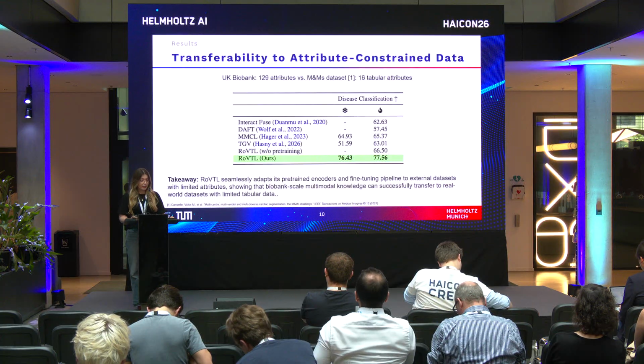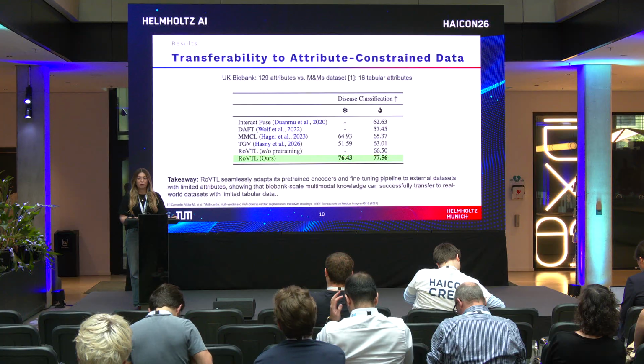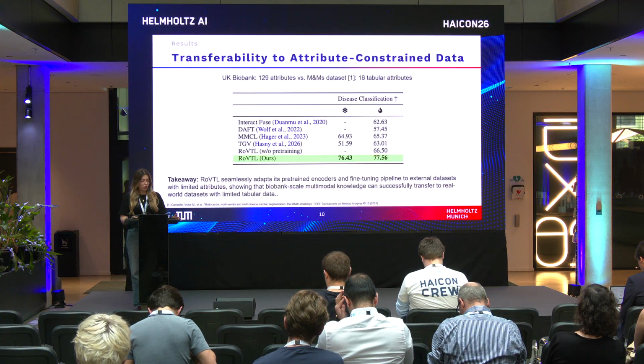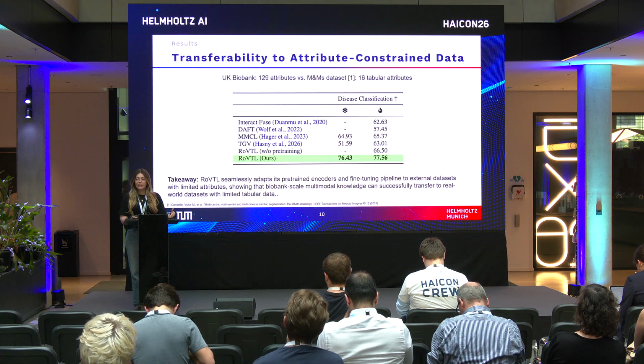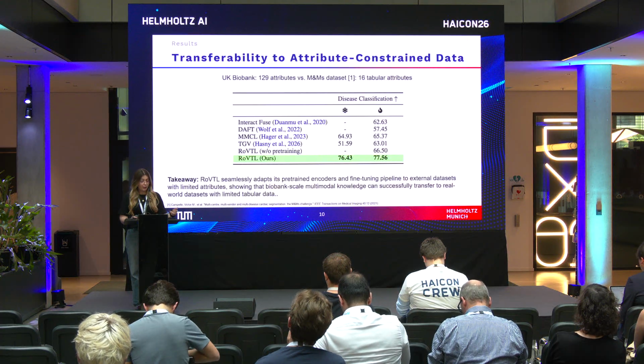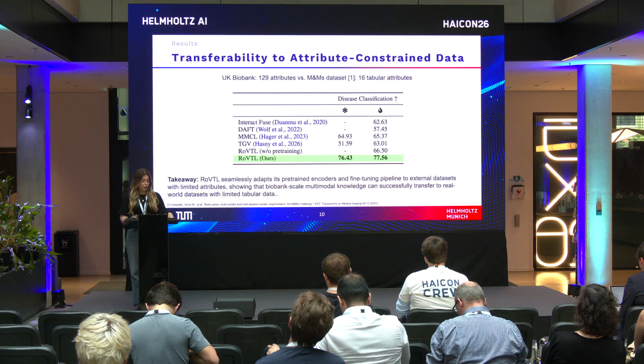And then lastly, one of the reasons for this method is that you can have these encoders pre-trained on UK Biobank with a lot of attributes and then apply them in the clinics where you don't have as many. To simulate that, we use another cardiac data set called MMMs, which only has 16 tabular attributes compared to the 129 that we use for the pre-training.